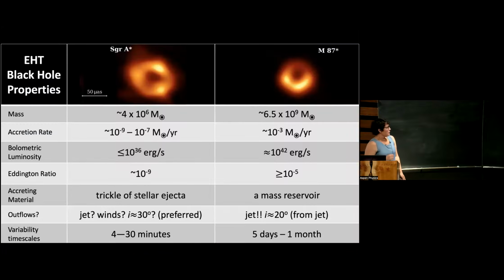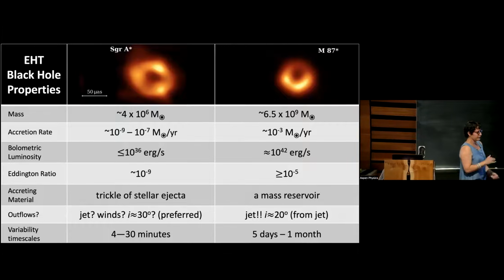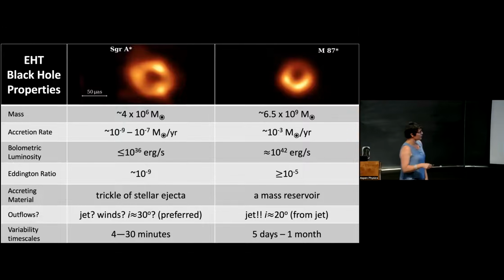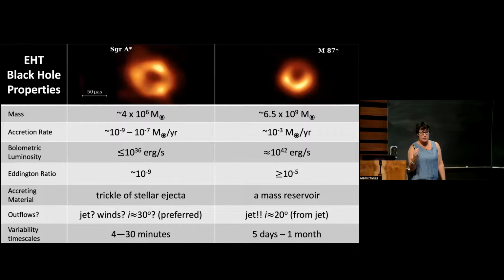Okay, so this is the only sort of table-y thing I will torture you with tonight. I just want you to see that these two images are on the same projected scale on the sky for us: 50 micro arc seconds, that's 10 to the minus 6 arc seconds, which is a measure of angle. And they look very similar in size in projection.